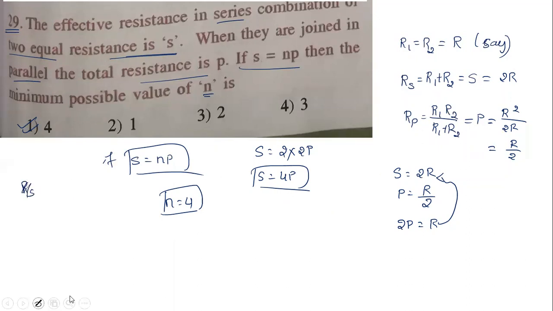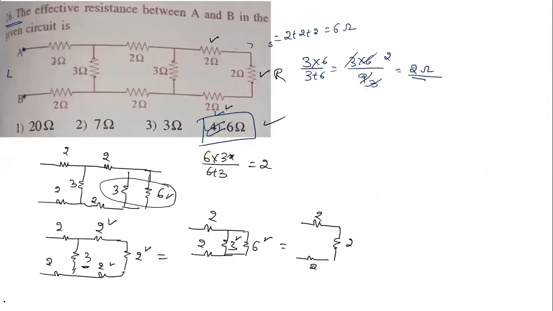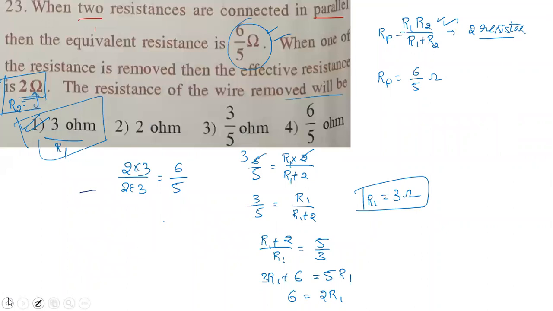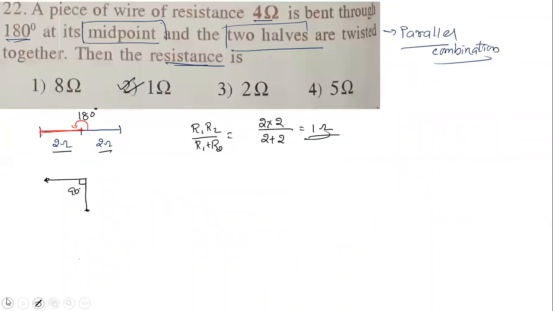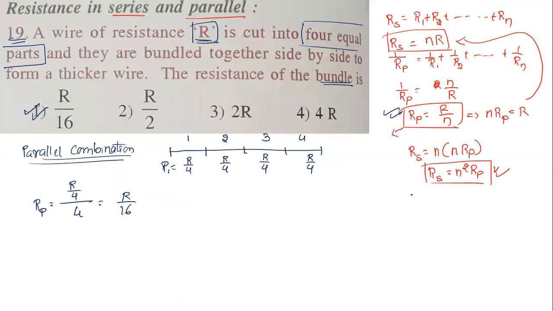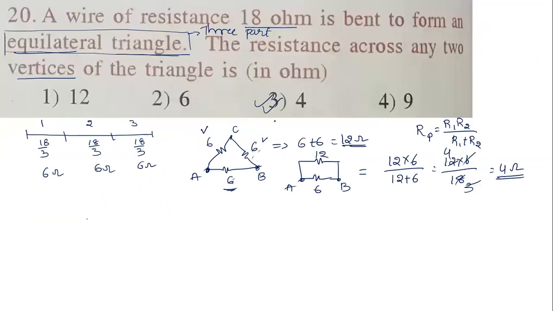Let me go back to the starting slide to show you. Yes, here it is given: RS equal to N square RP. It is the same formula, but in place of RS and RP they have given S and P. That is the difference.